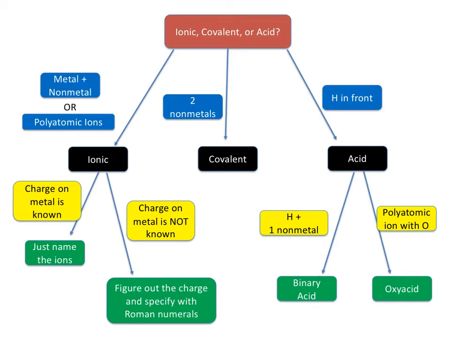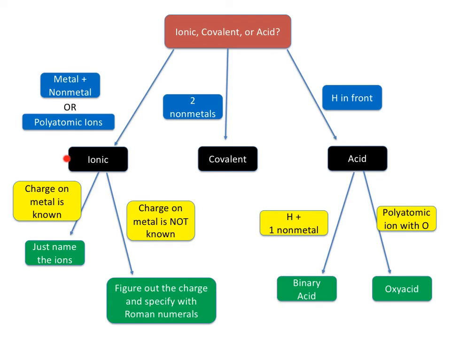So if you see a metal or a polyatomic ion, you know it's going to be ionic. If you have just two nonmetals, then that's going to be covalent. And for our purposes, if I ask you to name something and it's an acid, we'll put a hydrogen in front of the formula, or if we give you the name, it'll just have acid in its name, and so you'll know which set of rules to use.